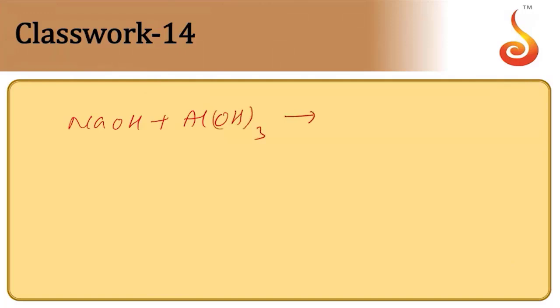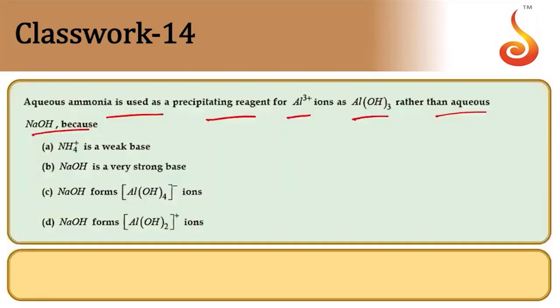It dissolves and then it forms Al(OH)4-. So we cannot use NaOH as a precipitating reagent for aluminium hydroxide because it starts dissolving it. Here the question is which of the following is not correct.